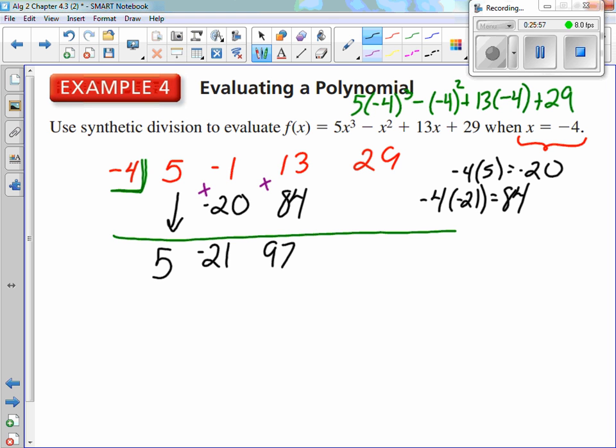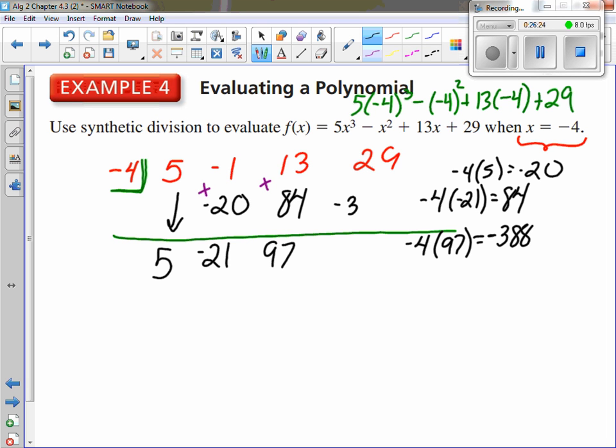And then we would do again negative 4 times 97, which would be negative 388. I want to say 388, but double check me on that. We agree with that?